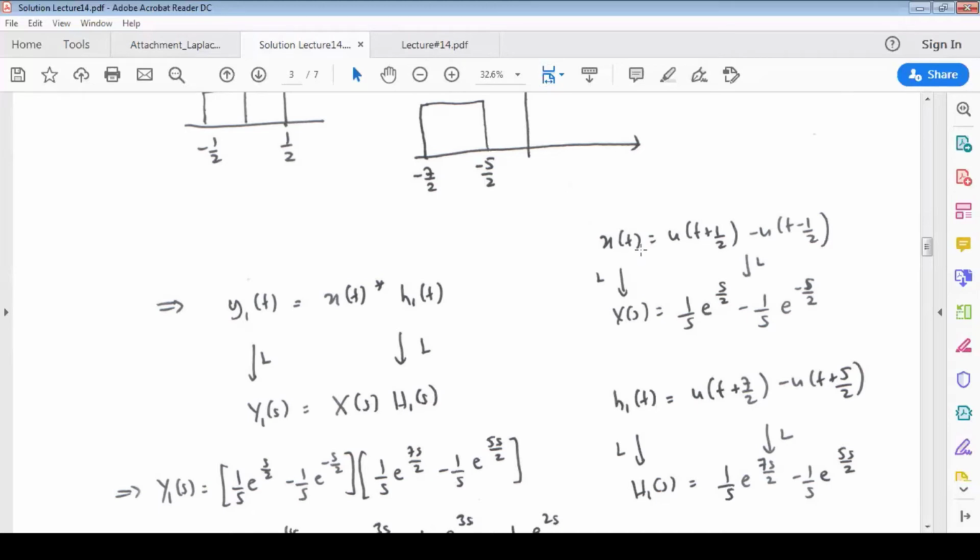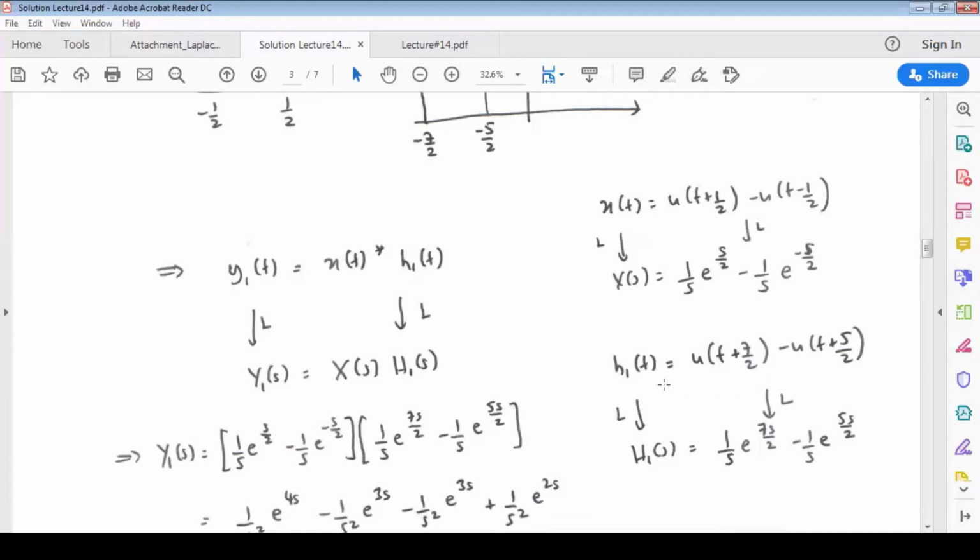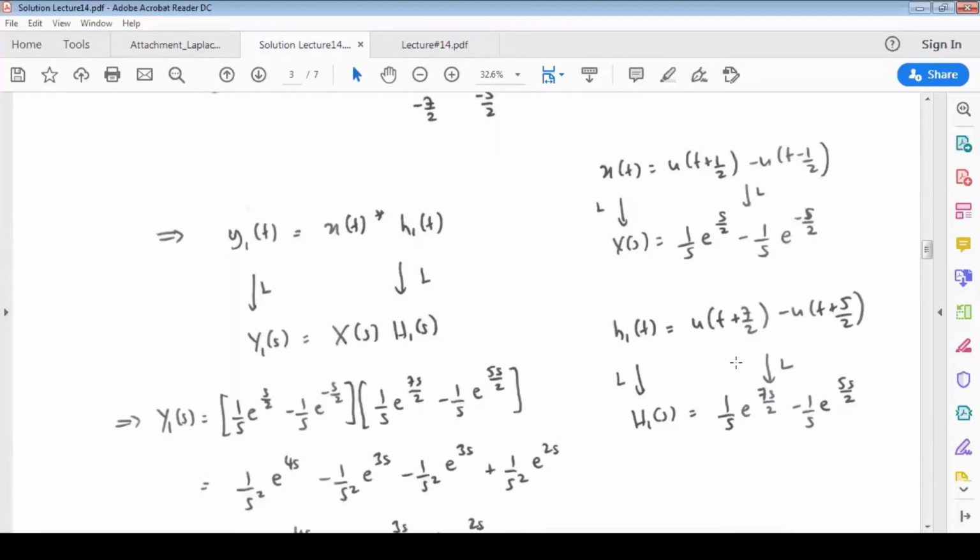We know that xt can be written in terms of the unit step function. So we have u(t plus half) minus u(t minus half). The Laplace transform will be xs equals 1 over s exponential s over 2 minus 1 over s exponential negative s over 2, which is based on the time shifting property. Likewise, h1t is u(t plus 7 over 2) minus u(t plus 5 over 2).